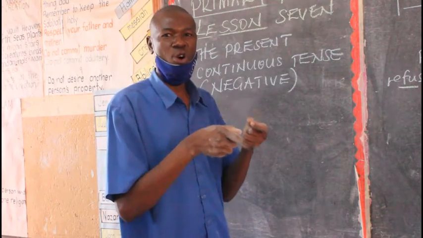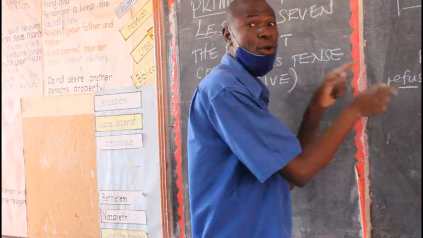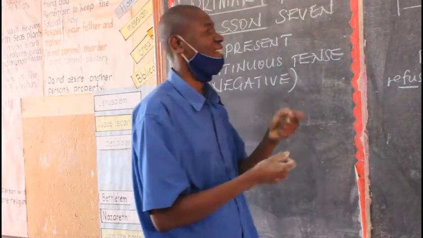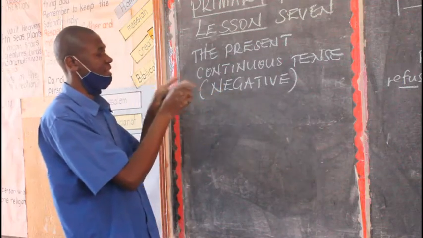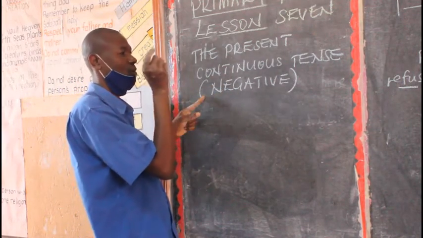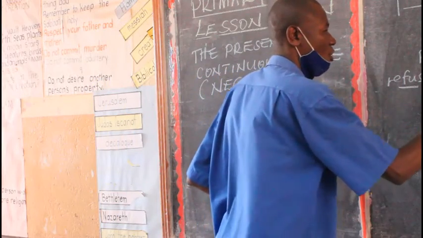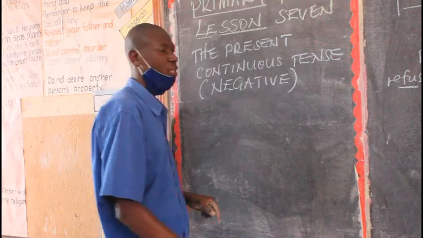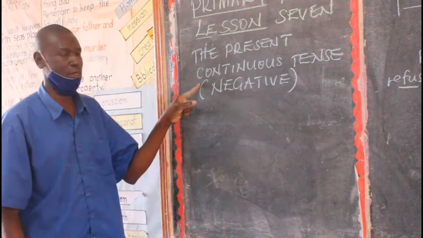Then you say, no, I don't want. That means you have refused. So what you have answered is in a negative form. So commonly, a sentence is negative when it expresses a disagreement or refusal with the idea of the word no. So we shall be using not in these sentences here.